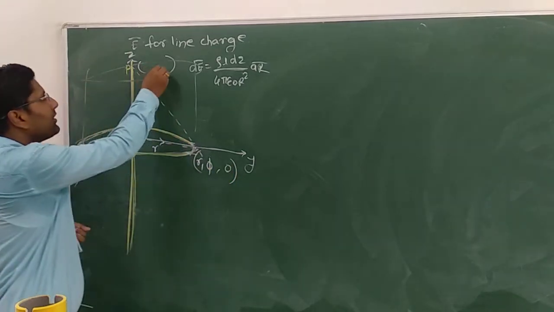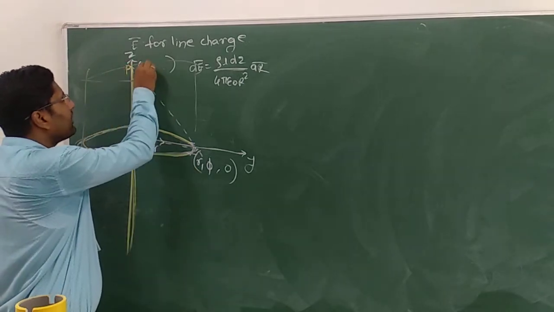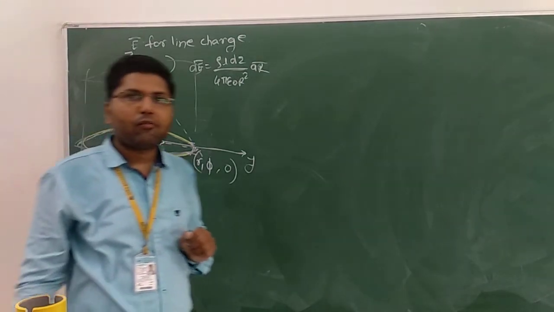Now we have to calculate these coordinates. The radius at this point is R, then the phi angle.